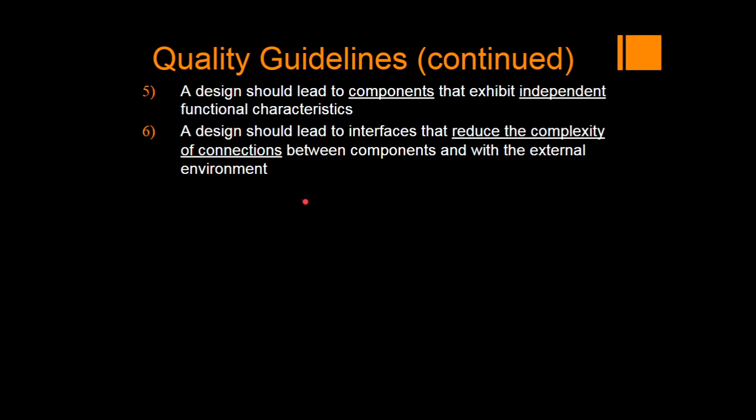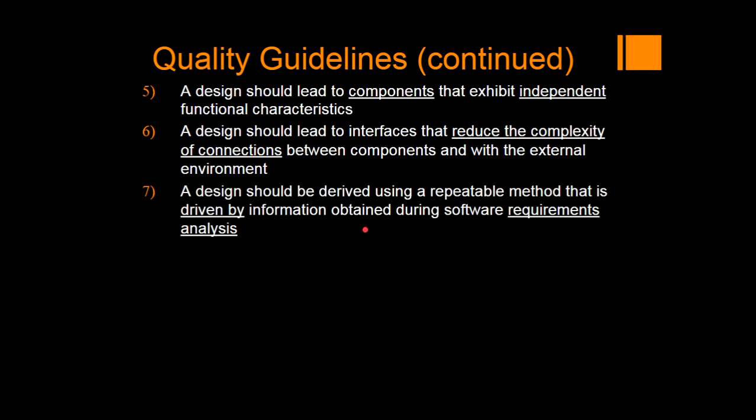That means here, each component should have independent functional characteristics. That means as a component individually how it is going to perform some work, and then after it is perfect in their independent work process, how it is going to interact with the neighbor modules or the components. A design should lead to interfaces that reduce the complexity of connections between the components and with the external environment.